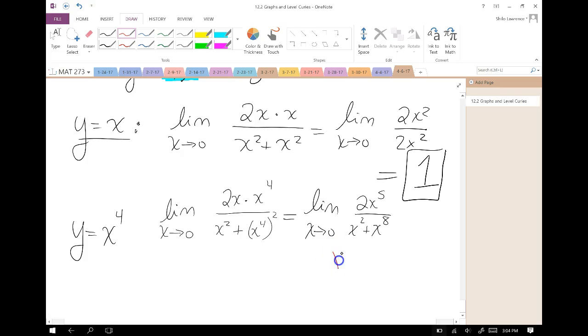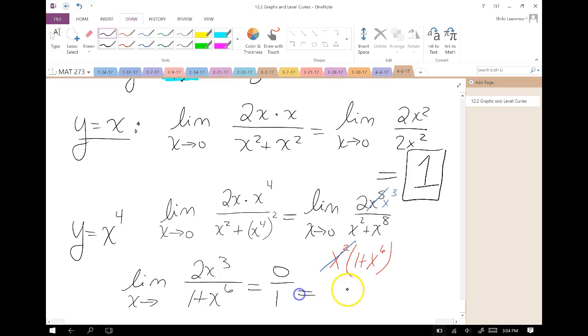We're going to pull x squared out of the bottom, and we can cancel it with 2 of them in the top. So now we've got the limit as x approaches 0 for 2x cubed over 1 plus x to the 6th. And we get 0 over 1, which is 0.